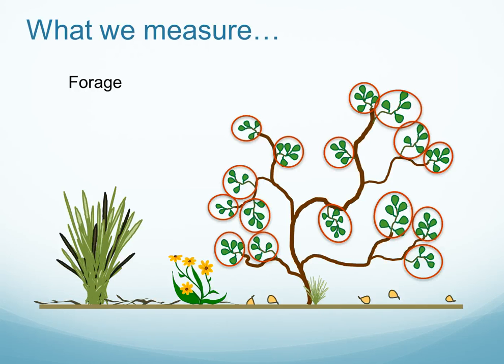Browse, again, would be that woody material that's available and found palatable by specific animals. And so in this case, we may not consider this up here, even though these may be palatable, depending on the grazing animal and its ability to reach these areas.